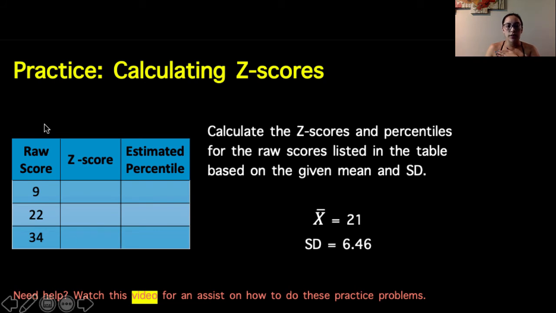So if you need any help calculating or performing this activity here, I have linked a help video in your PowerPoint to YouTube, so you can watch that, and I walk you through all of the steps on how to calculate this. But basically, you're just going to be using the z-score formula on these 3 raw scores, and then you'll use your z-table to estimate percentiles at those given raw scores.